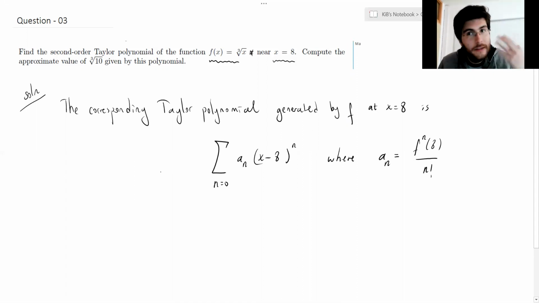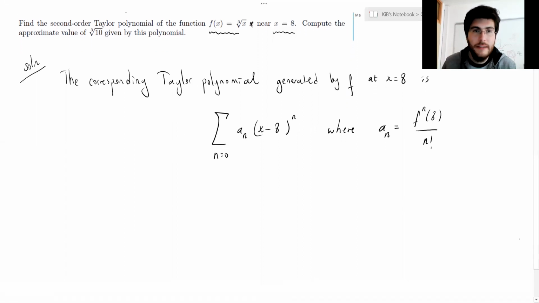This is just some other series generated by f, not necessarily converging to f. So this is important. But there are special cases we will see later. There is a nice theory about this. If you already know that f has a certain convergent power series, then you can equate them. But in general, if you write something like this, it is wrong. Okay, so don't do this.